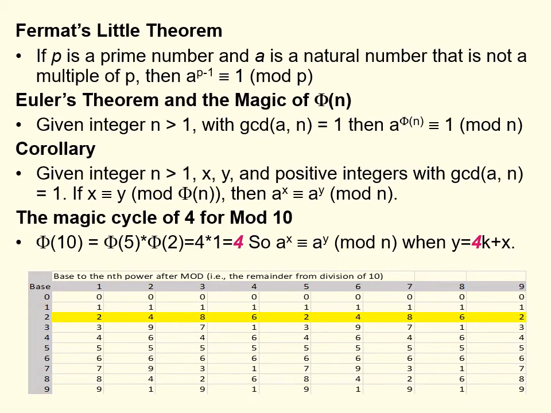This corollary, which is directly derived from Euler's theorem, says that a to the x is congruent to a to the y if x and y have the same remainder when divided by the totient of n.